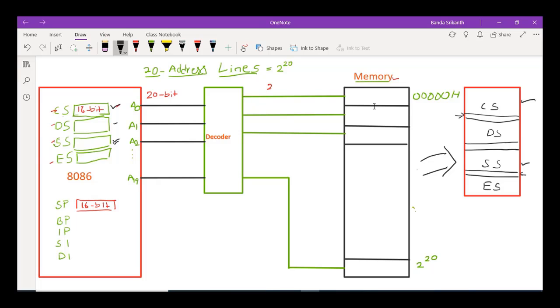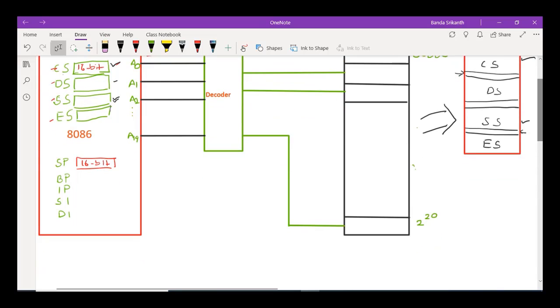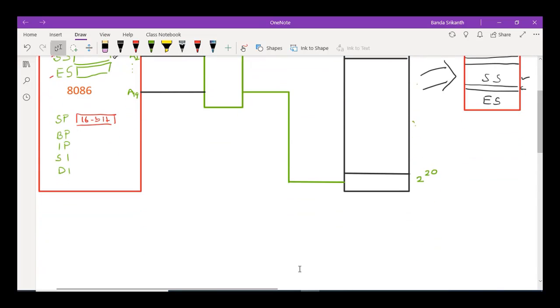So why is the address partitioned into 2 parts? What are the 2 parts? Base address and the offset address. As you know, the CPU has to generate a 20-bit address. Why? Because the address for a memory location is 20 bits.